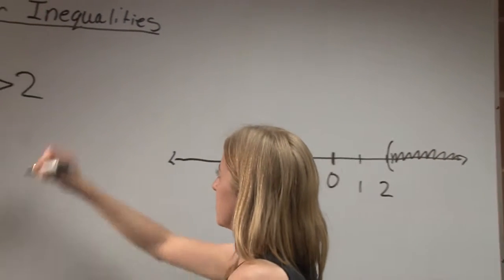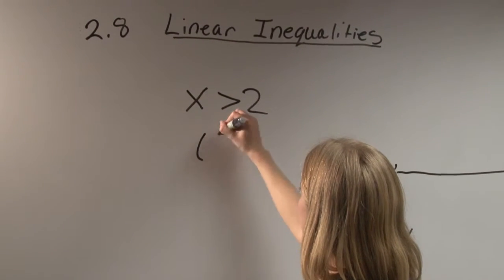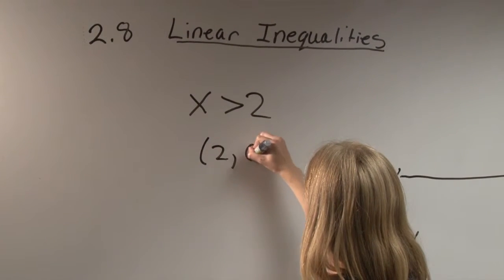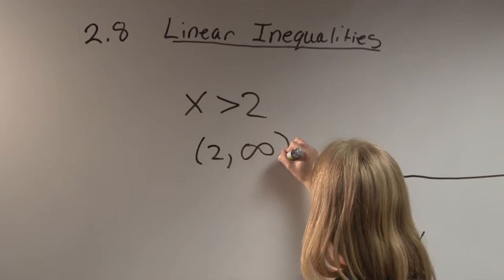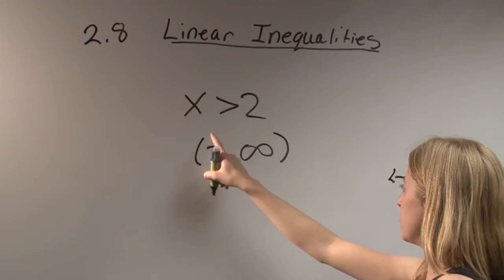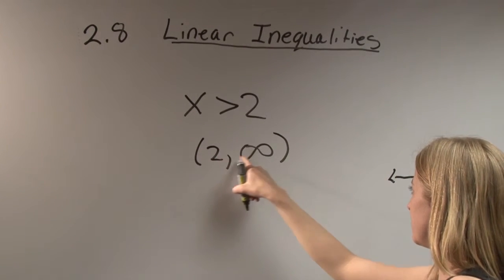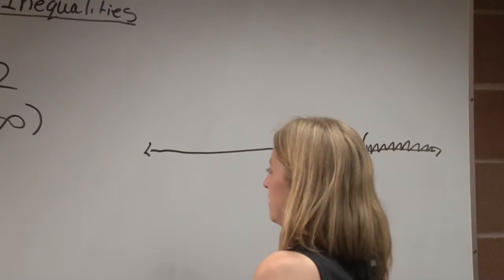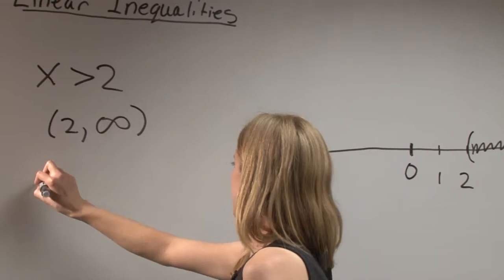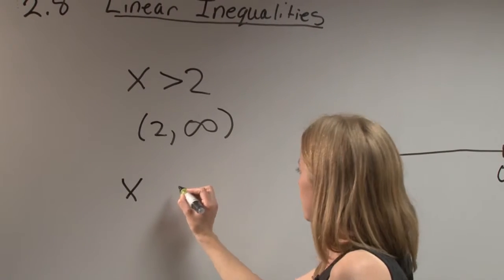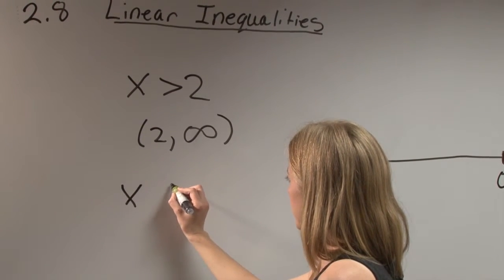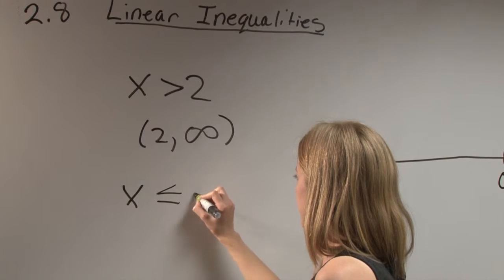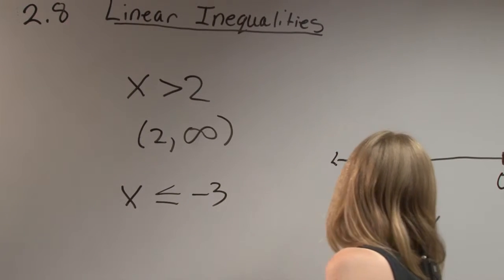And the way that we would express that in interval notation is parenthesis, 2 to infinity, because it goes all the way out to infinity in the positive direction.